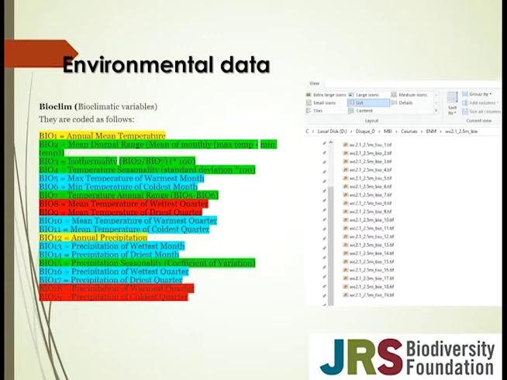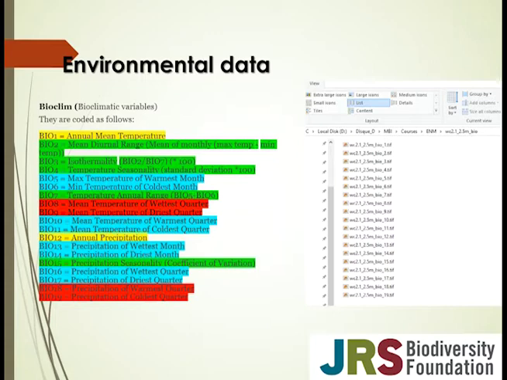Okay, the importance of bioclimatic variables with respect to climatic variables only is that they are more relevant to the ecology of a species. When you talk about, for instance, temperature seasonality, how temperature varies along the year, it can affect the ecology and physiology of a species.